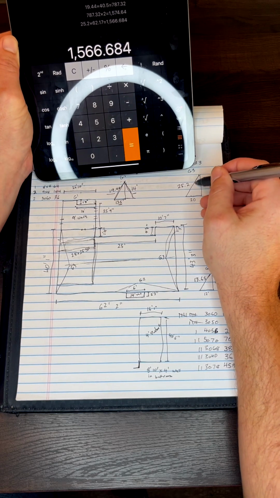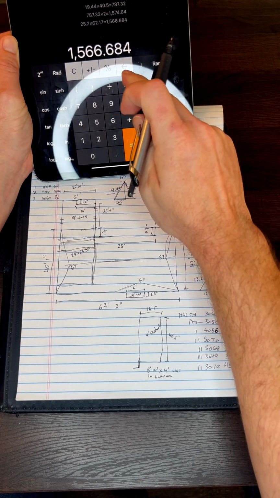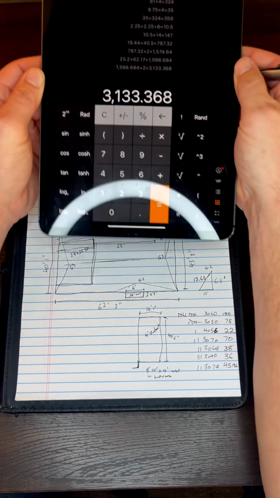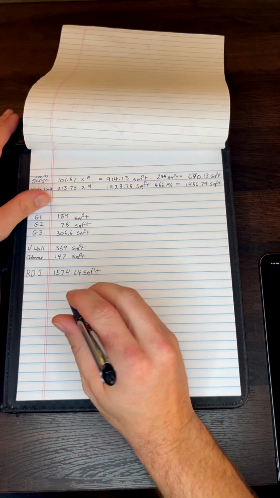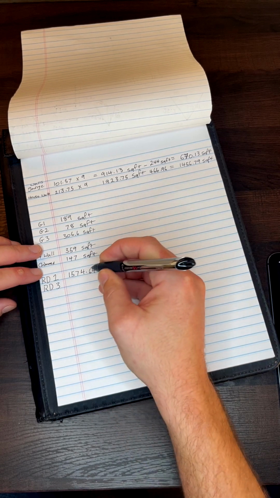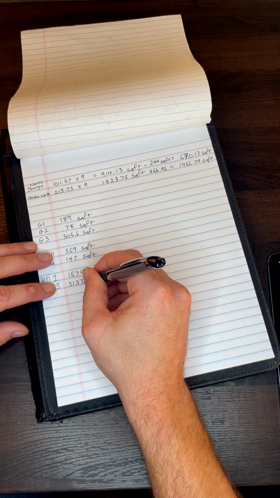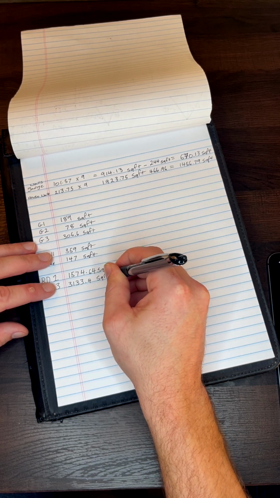Now that gives me this half, but I'm also looking for this half, so we'll multiply this by 2. 3,133.4. I'm gonna label this as RD3, 3,133.4 square feet.